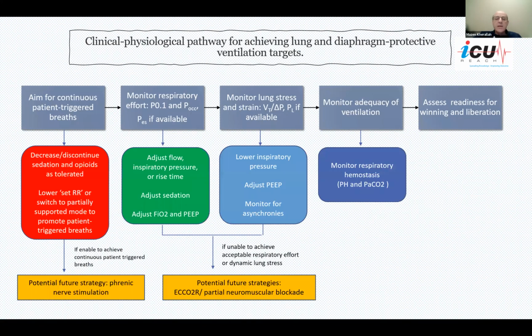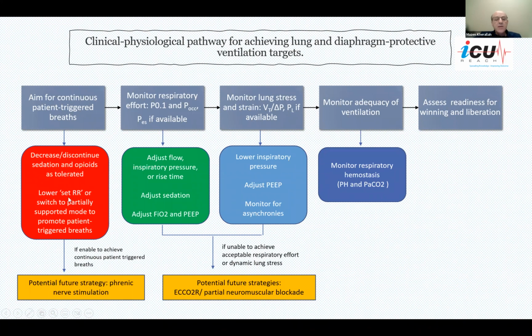In other words, I can put things in a clinical physiological pathway. Number 1, when we put the patient on the ventilator, we need to aim for continuous patient-triggered breaths. So we need the patient to breathe while he's on the ventilator. You can decrease or stop sedation and opioids as tolerated.